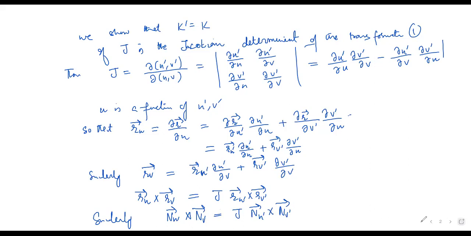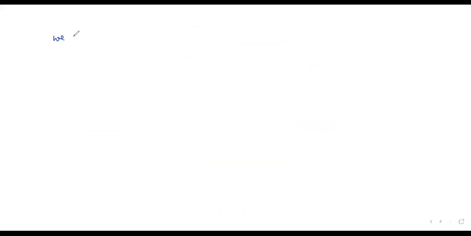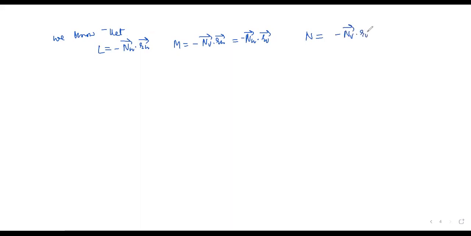Now we know that L is equal to minus n sub u dot r sub u, M is equal to minus n sub v dot r sub u, which is also equal to n sub u, of course, minus dotted with r sub v, and N, the second order fundamental magnitudes की जो equation है, वो यही है.